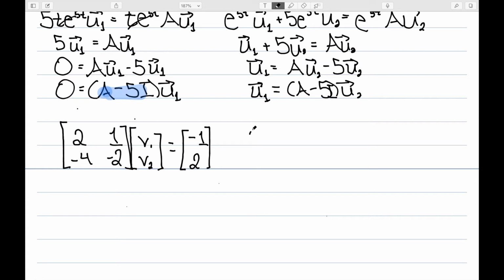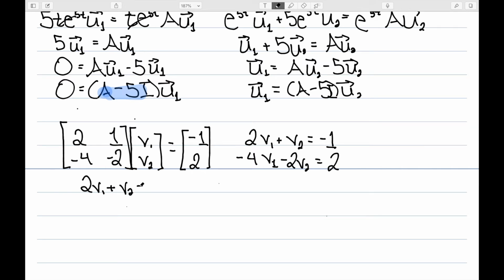When I multiply out, this becomes 2V1 plus V2 is equal to negative 1 is my first row. My second row, negative 4V1 minus 2V2 equal to 2. And once again, these should always have infinite solutions, so I'm only going to deal with this first equation. 2V1 plus V2 equal to minus 1.